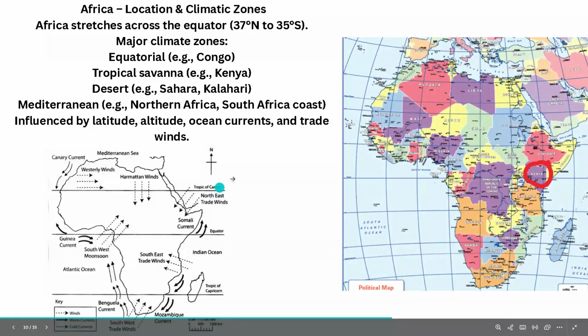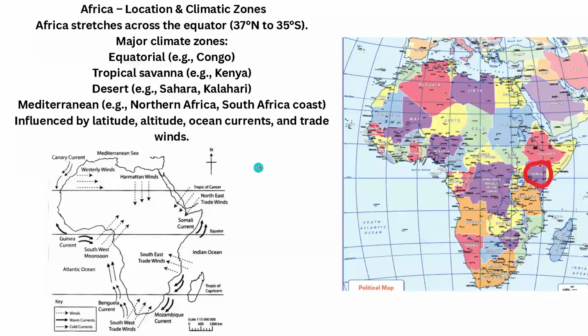Now let us see the rainfall pattern in Africa. In the previous slide, we have seen India's rainfall features, how it is caused, and how it affects agriculture. Now, when we see the location of Africa, Africa stretches across the equator.